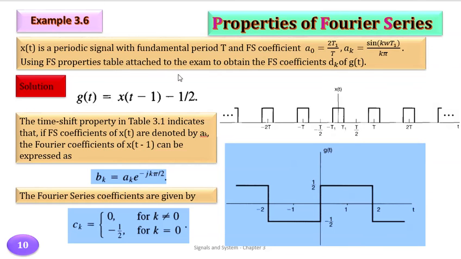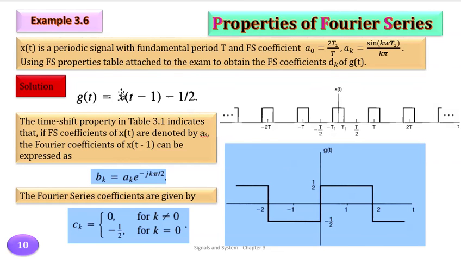If you have ak equals sine of k omega t1 over k pi, where t1, as you see here, is capital T over 4, okay? And a0 is 2t1 over T. So what is going to be g of t, which is x of t minus 1 over 2?